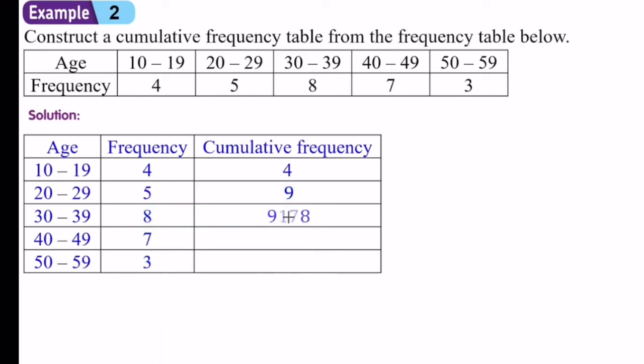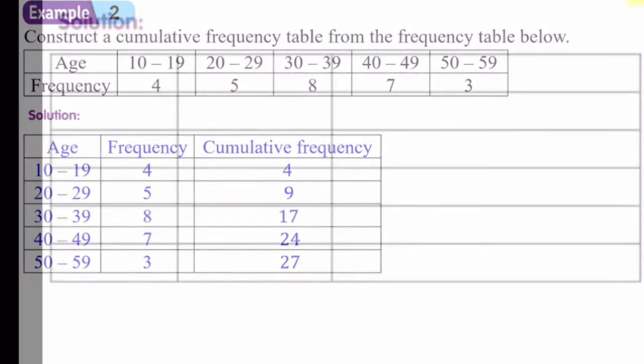You keep on adding like this in a vertical way. So 17 plus 7 is 24, and finally you should get back the total frequency, which is 27. The last one, 50 to 59, gives you the total sample for the class. So the total frequency is 27.